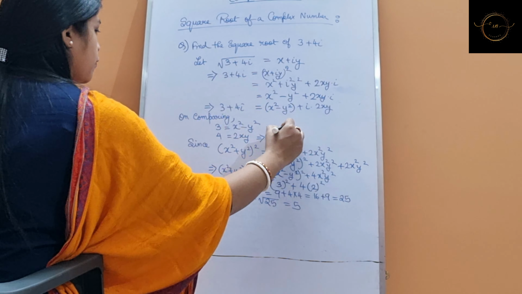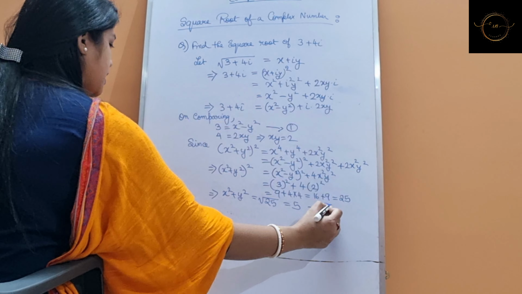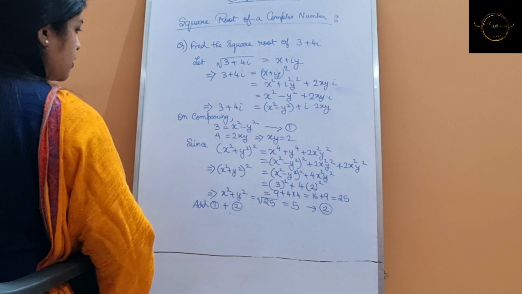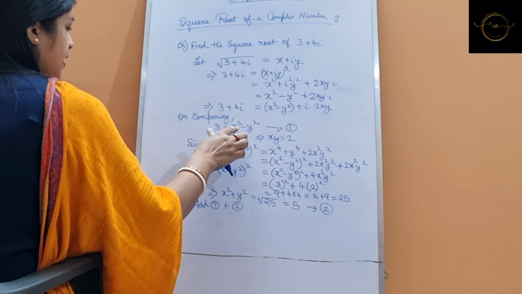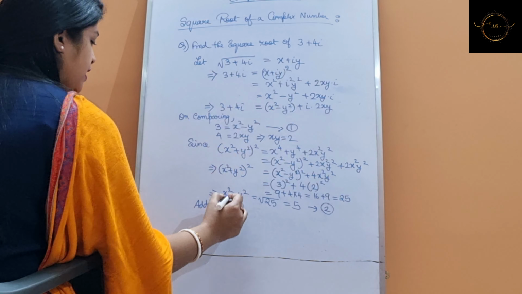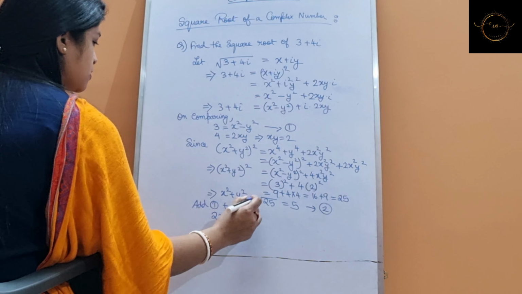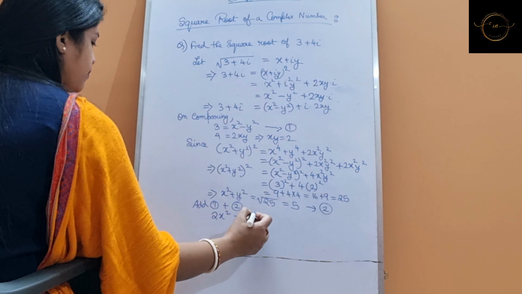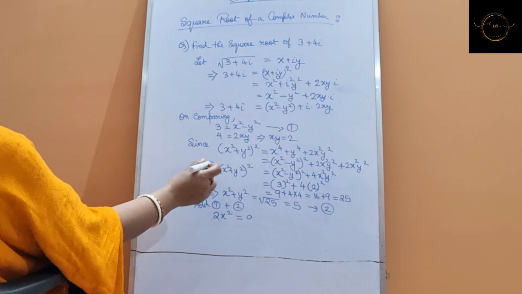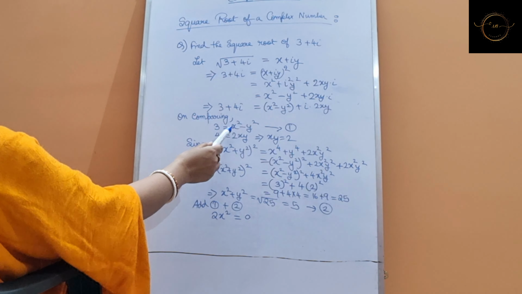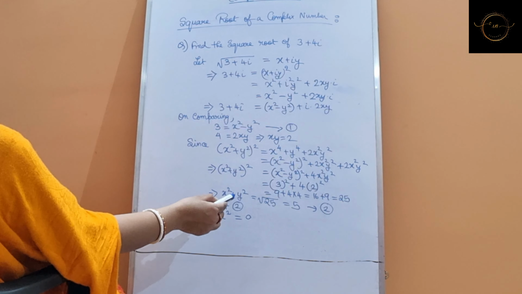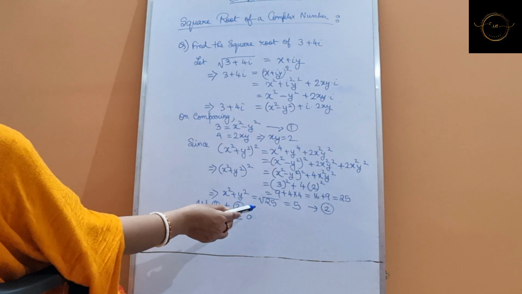Now name this equation as 1 and this as 2. On adding equations 1 and 2, we have x square minus y square equal to 3 and x square plus y square equal to 5.